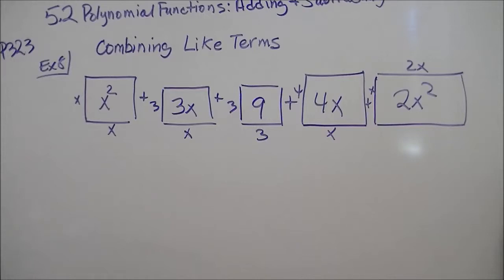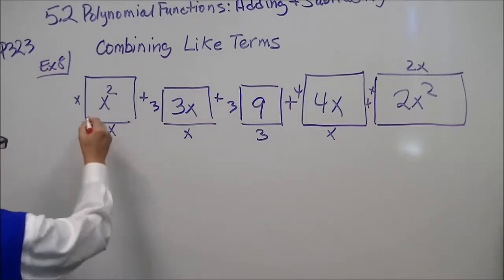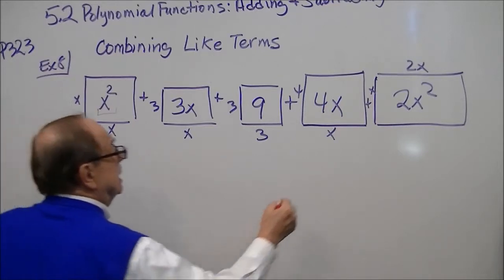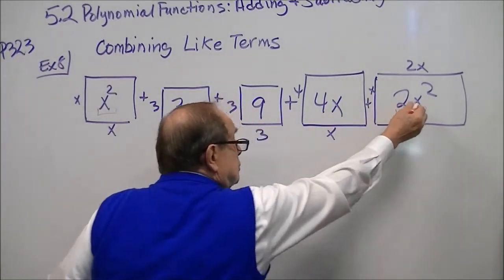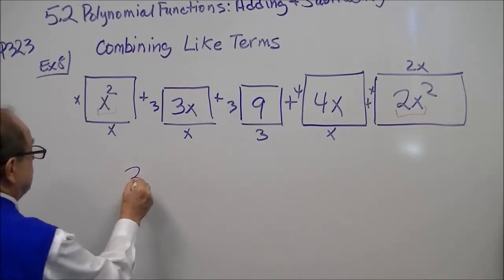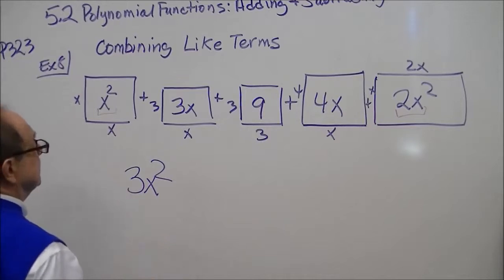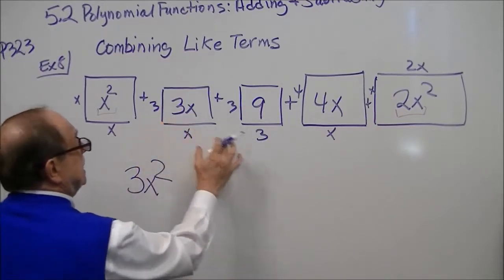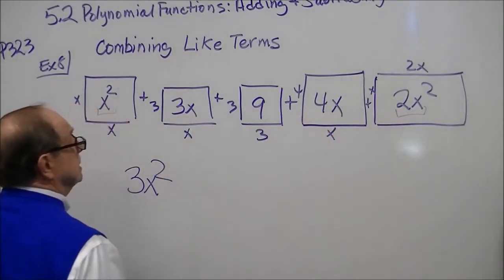So we're going to try to give a sum for this by combining like terms. Well, what are my like terms? Well, I have x squared and I have x squared. So I have 2 of those and 1 of those, so that gives me a 3x squared. Now I have a 3x and a 4x.